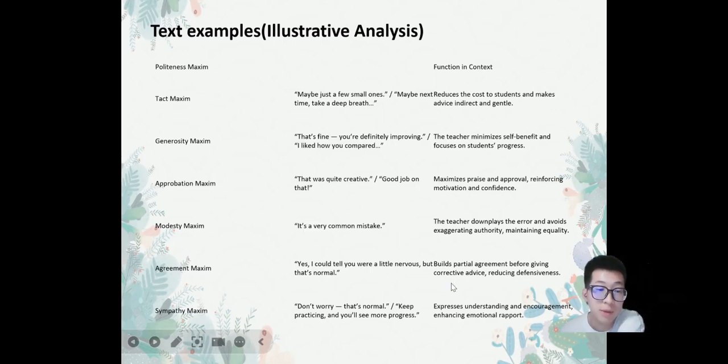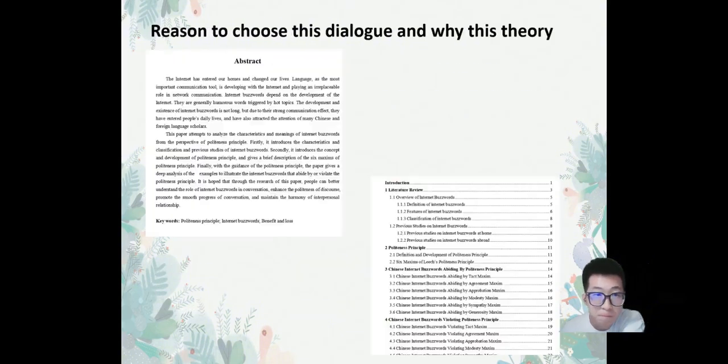The last one is the sympathy maxim. "Don't worry, that's normal, keep practicing and you will see more progress." The teacher expresses understanding and encouragement, tries to support the students emotionally, and tries to think about the problem from the perspective of students.